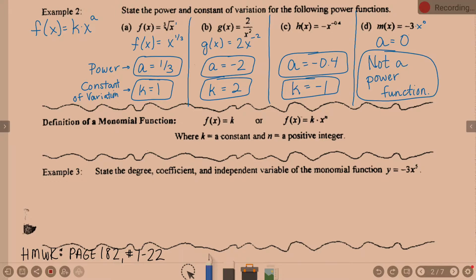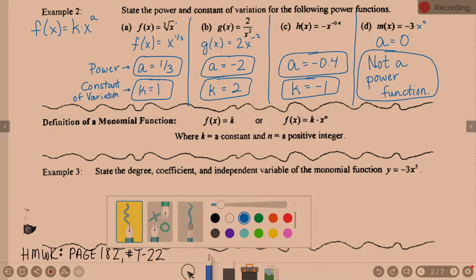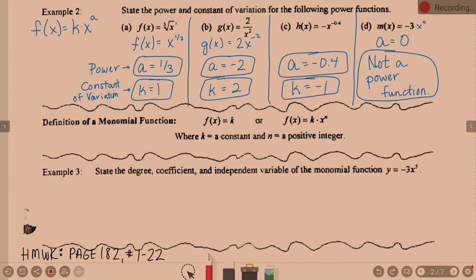Now, I mentioned at the beginning of class, I talked about monomials, right? And with a polynomial, we had multiple terms added or subtracted, but the powers had to be whole numbers. Well, now we get to talk about a monomial function.